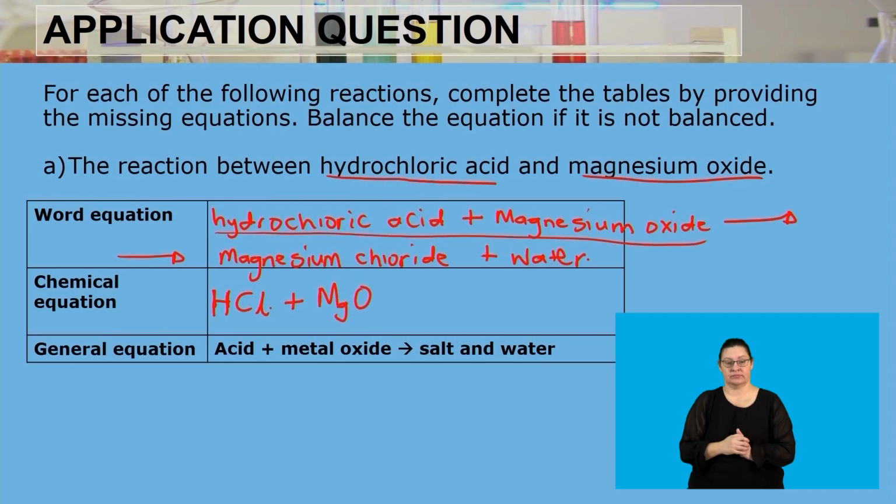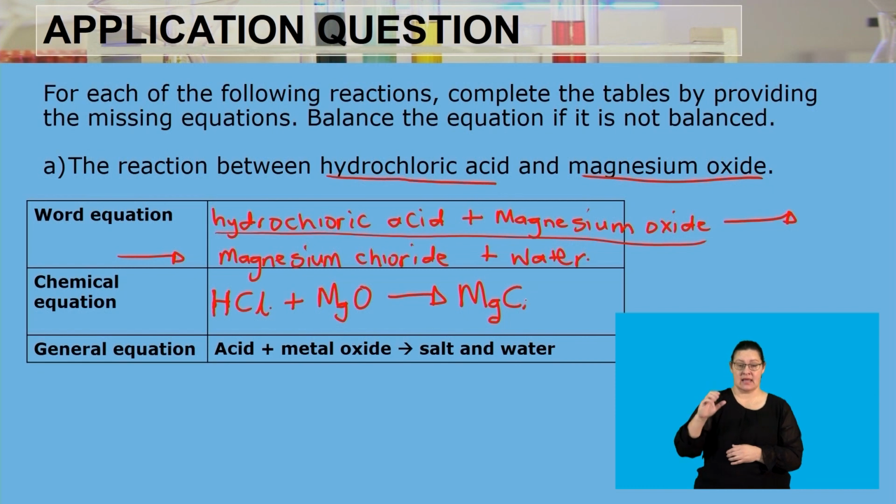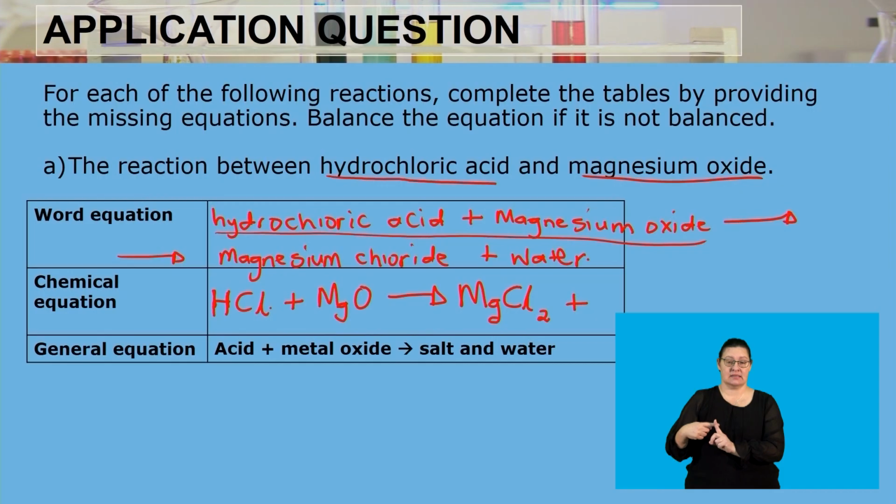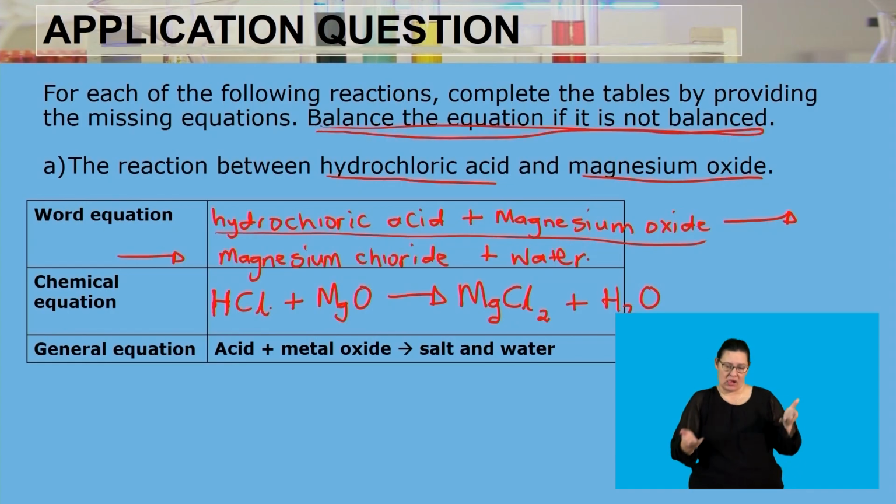Capital letter M, small letter g, and capital letter O. So that is going to react to form magnesium chloride, which is capital letter M, small letter g, capital letter C, small letter l, 2, plus H2O.